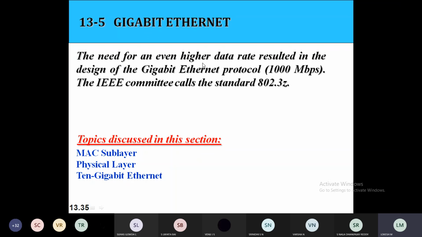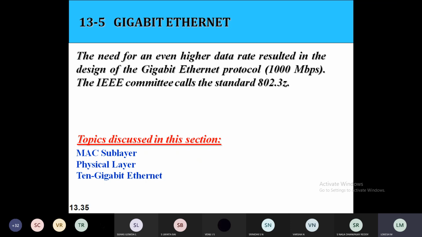The need for an even higher data rate resulted in the design of the gigabit Ethernet protocols, that is 1000 Mbps. So first we discussed 10 Mbps, later we went for fast Ethernet, that is 100 Mbps. Now Giga Ethernet, where we can transmit thousands of Mbps through our cables or Ethernet.